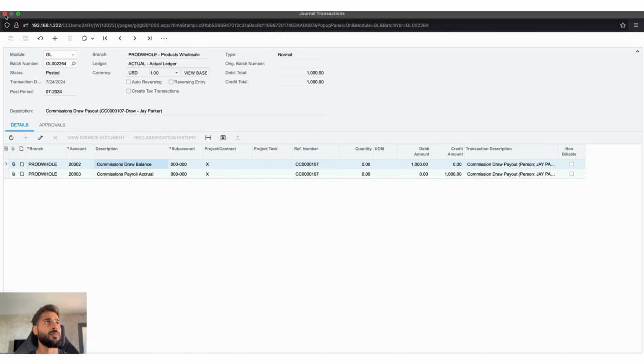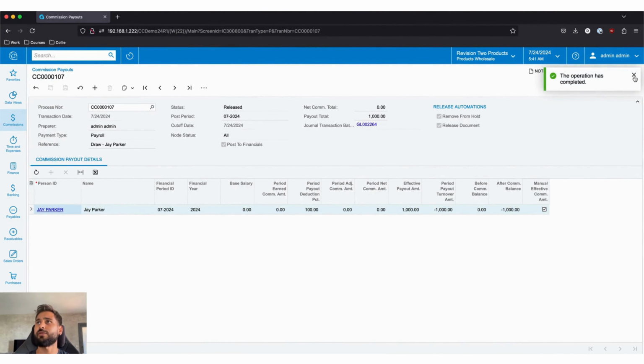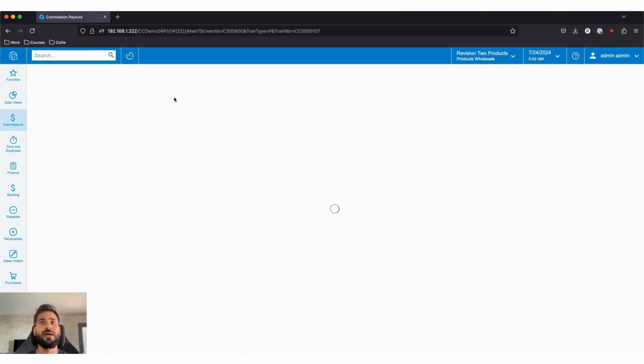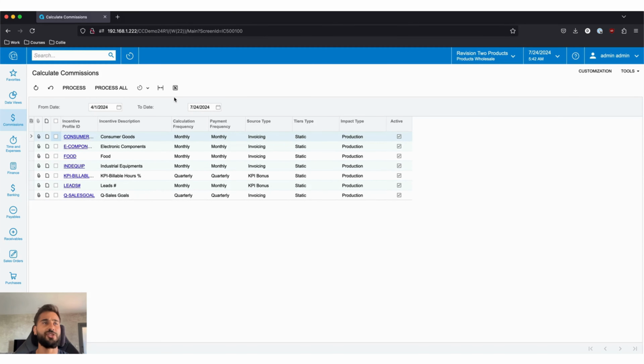Great. Now let's execute the other phase of the test, that is, let's follow the traditional commission payout cycle for the commissions conductor, and let's see how this balance is going to get into the action.